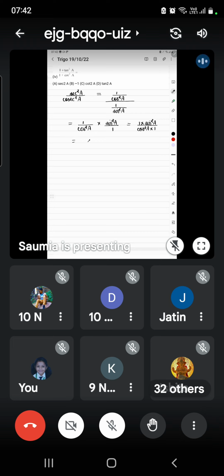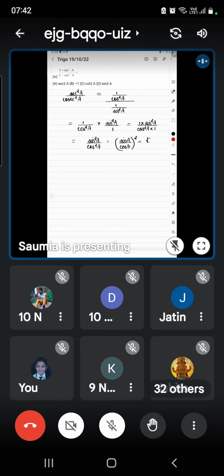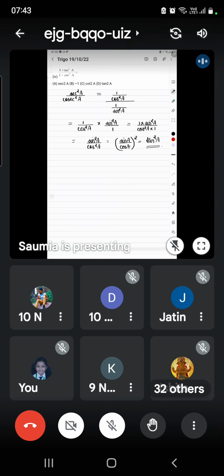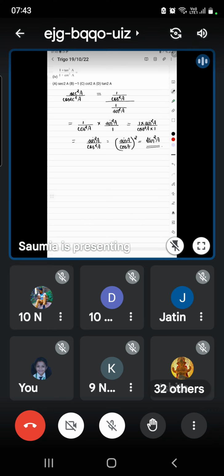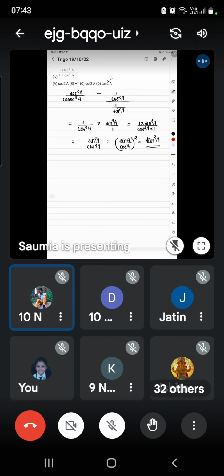So I get sine square A upon cos square A. This can be written as sine A upon cos A, the whole square. Now what is sine A upon cos A? Tan A. And the square of tan A is tan square A. Do I have it in the options? Yes. Which option is the correct option? Option D.